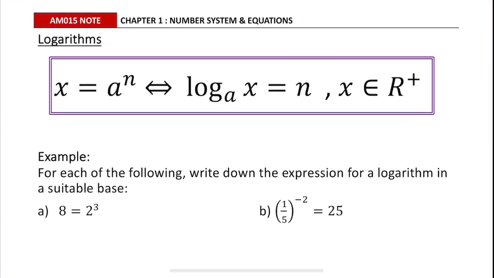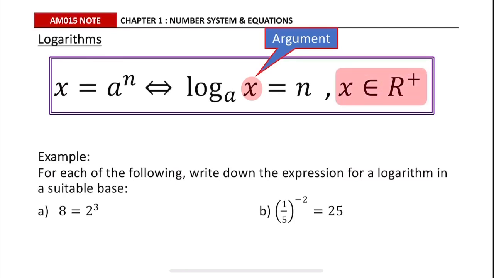Logarithms are the opposite of exponentials or indices. If a and x are positive real numbers with x equals a to the power of n, then log base a of x is equal to n, where x, which is called the argument, must be a positive real number.